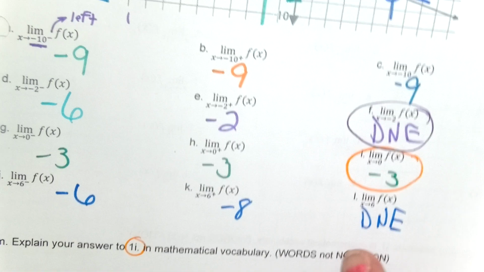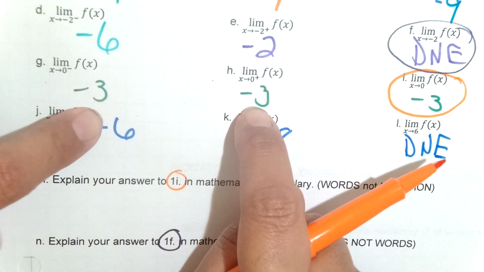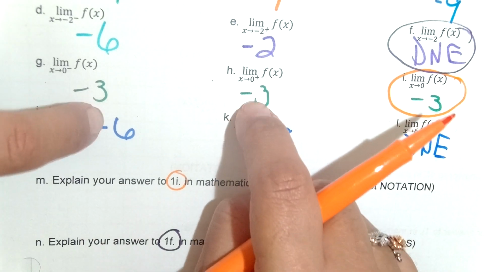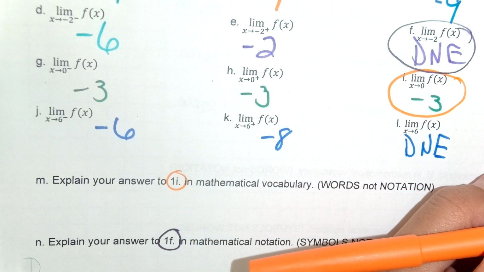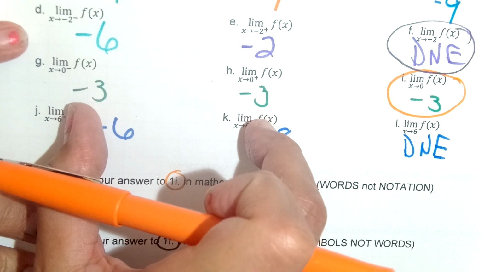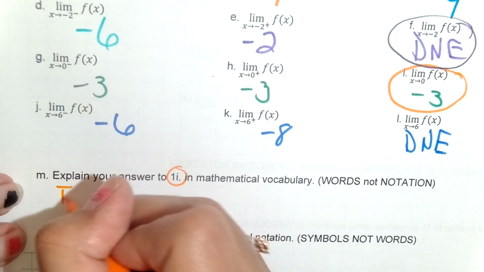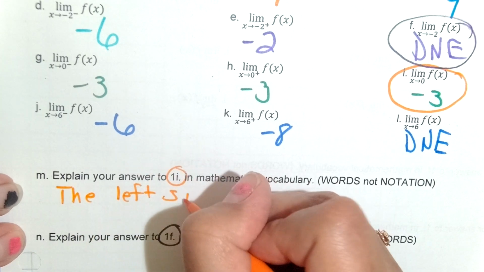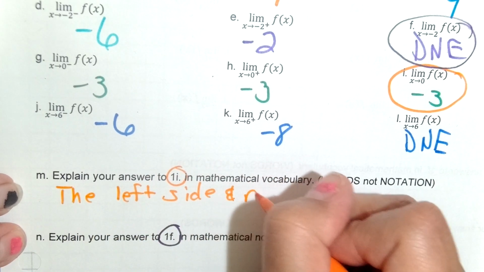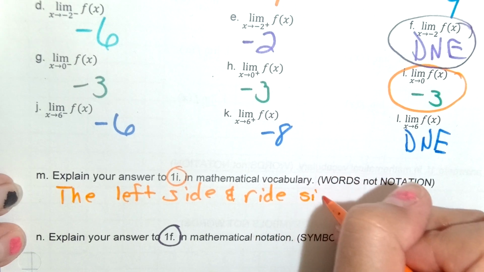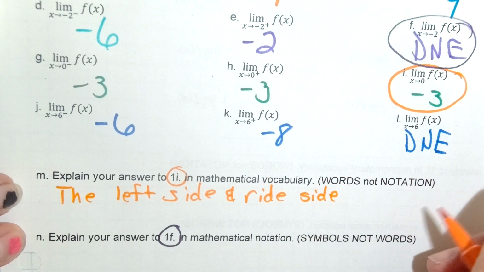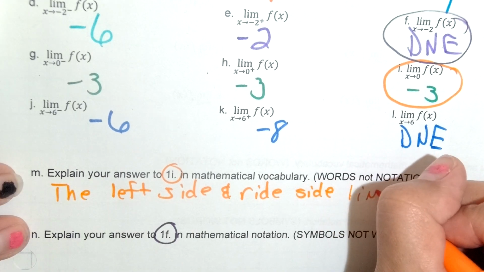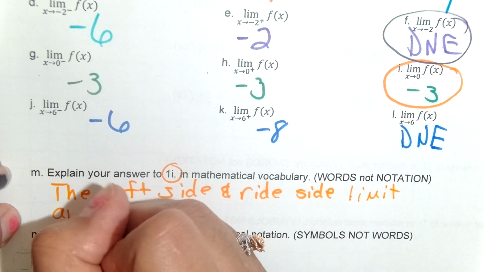So when I look at I, you're looking at the values and the final answer. Were these values the same? Yes. So the left side limit and the right side limit approach the same value.